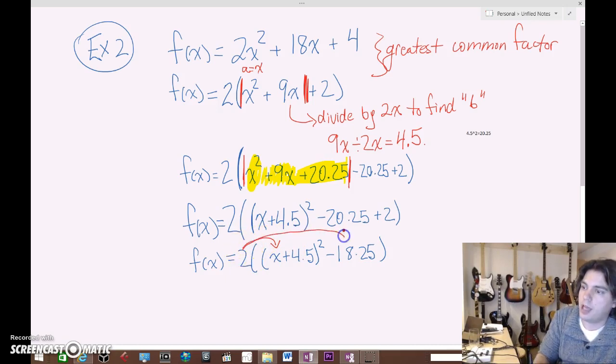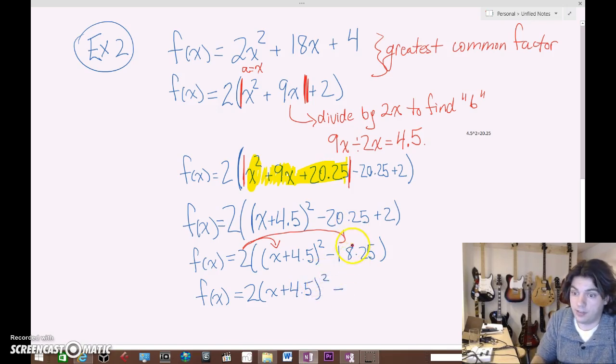And then we're also going to multiply it by the negative 18.25. And when we do that, we get f of x equals 2 times x plus 4.5 squared minus, oh geez, I have to do this in my head, don't I? 36.5. And so that means our vertex would be at negative 4.5 and negative 36.5. And that's it. You are done.